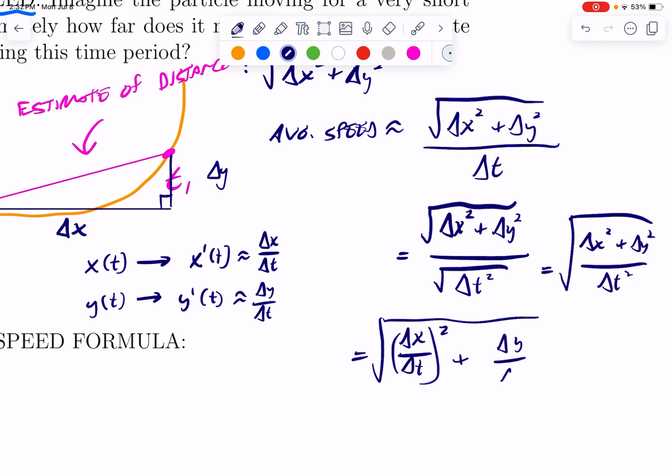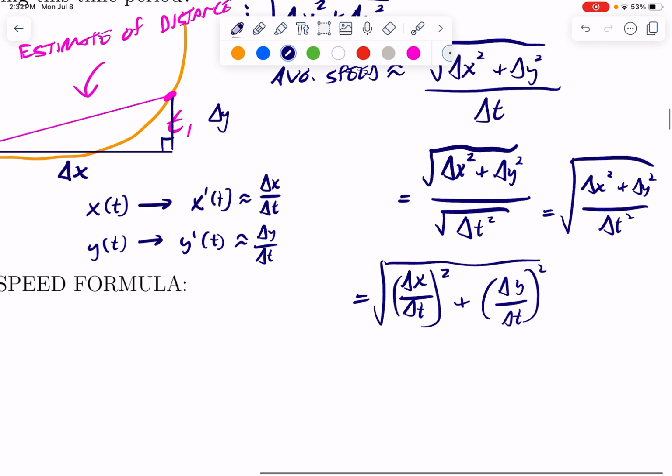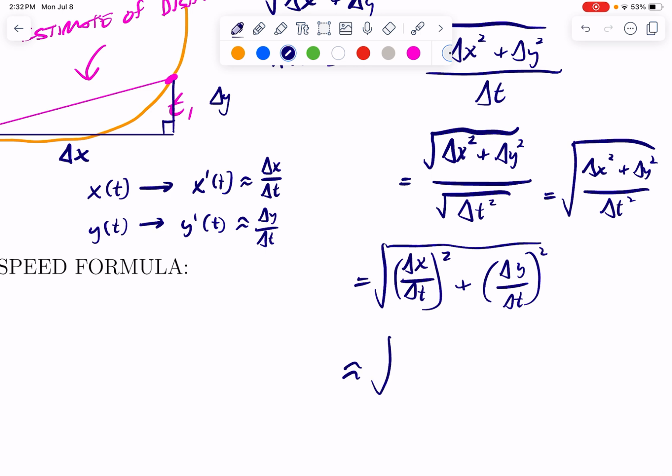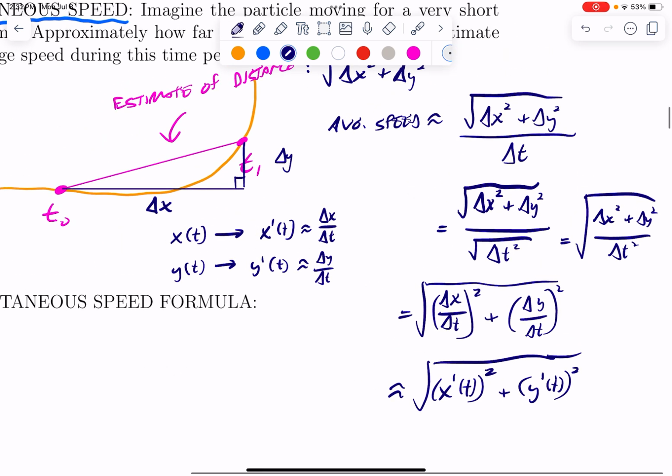What we have in parentheses here is the average rate of change for x. That's approximately the same as the instantaneous rate of change, and we can do the same thing with y. Now I'm waving my hands a little bit about why this is okay, even though we're approximating. There are limits hiding in the background, but I don't want to worry about that.